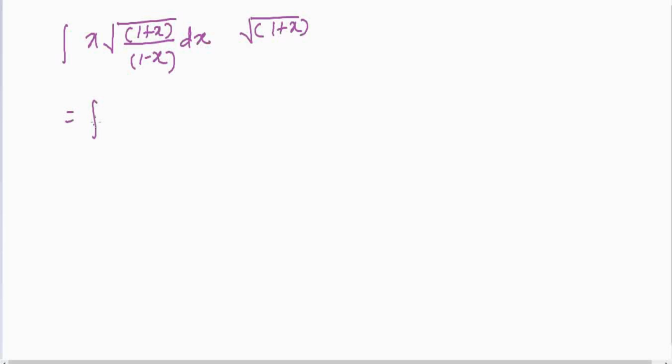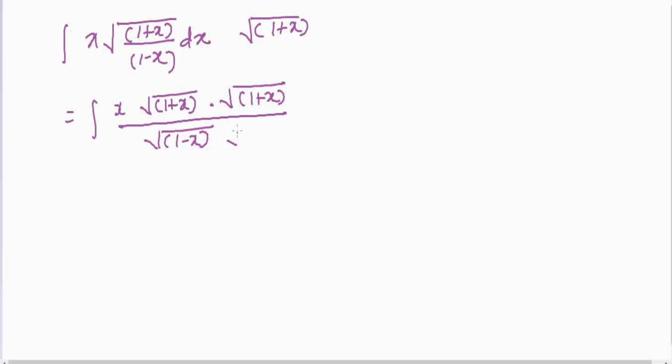Therefore this is equal to integration of x into under root of 1 plus x into, again multiplying, under root of 1 plus x divided by under root of 1 minus x into under root of 1 plus x into dx, equal to integration of x into, the roots get cancelled, and we have 1 plus x divided by, under the root, 1 minus x and 1 plus x.